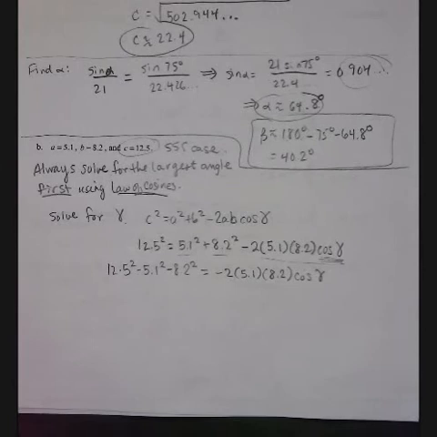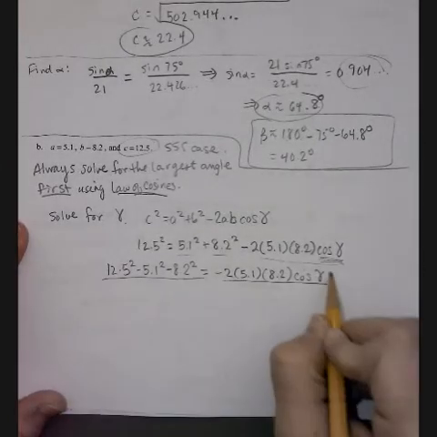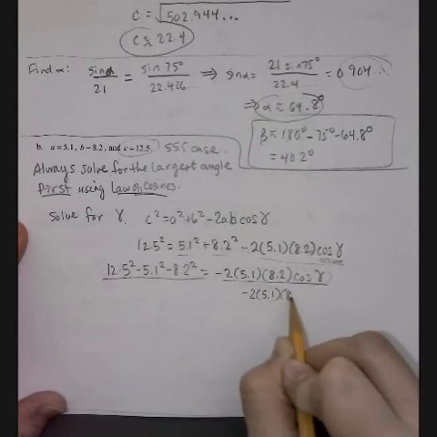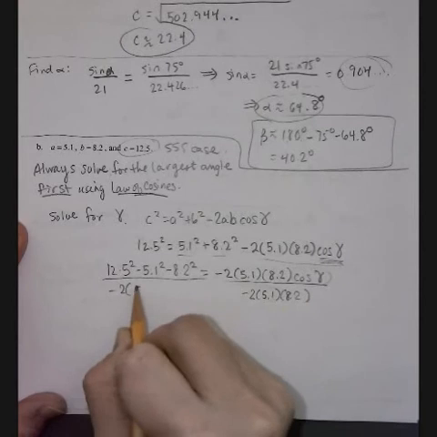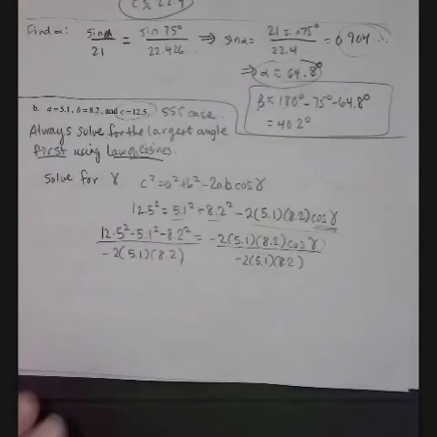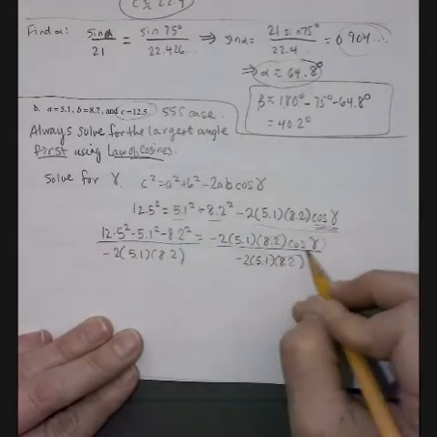And we're going to divide to isolate cosine gamma, by -2 times 5.1 times 8.2. So this is all going to cancel. You're going to have cosine gamma equals whatever number you get here.